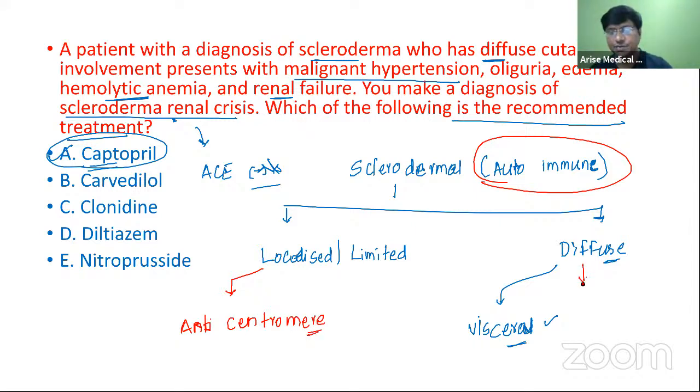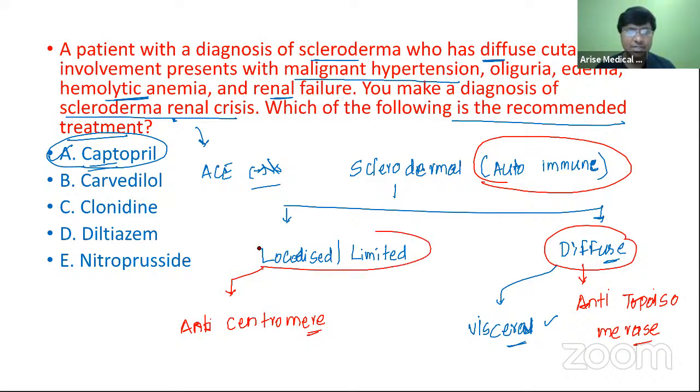Whereas in diffuse scleroderma, the antibody is anti-topoisomerase antibody.